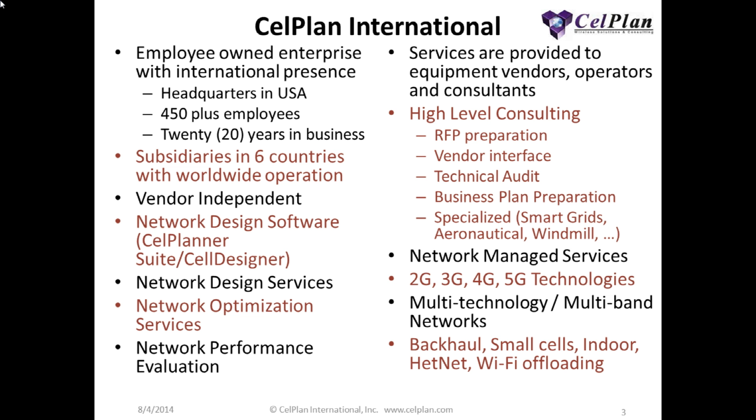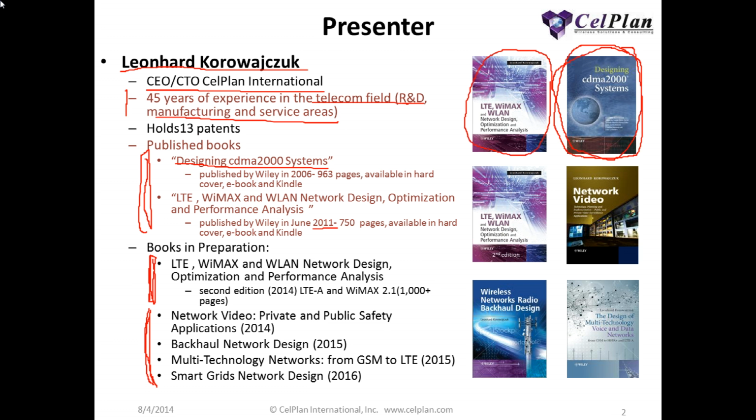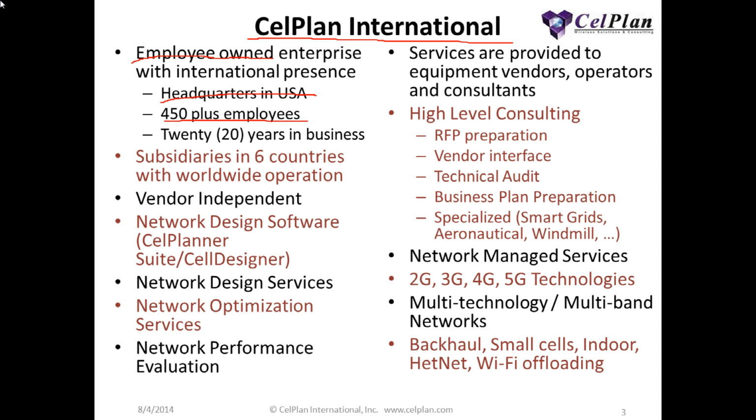Now let's talk a little bit about the company, CelPlan International. We are an employee-owned company. We have headquarters in the USA, 450 plus employees. Actually, it's more than 500 employees at this moment, 550 actually. And we are 20 years in business. We have subsidiaries in 6 countries, and we operate worldwide.